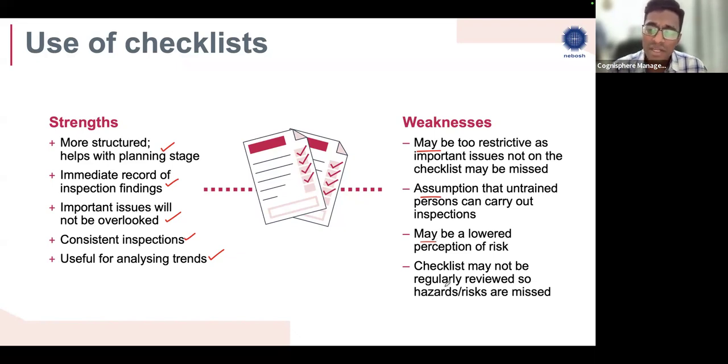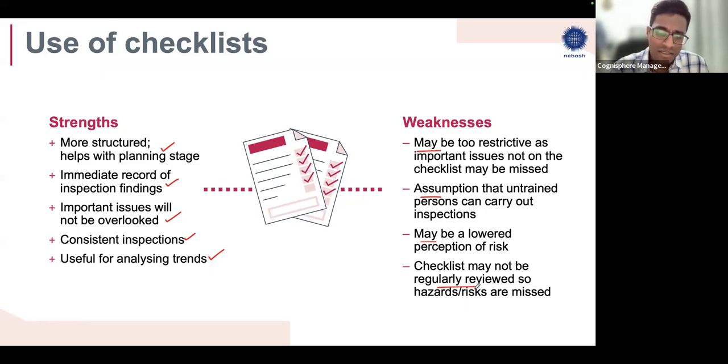And the checklist may not be regularly reviewed, so it has its risk of misses. If any new activities are carried out, or if there are any changes in the layout of the warehouse, any changes in the use of substances, accordingly the checklist must be updated. If they are not updated, then it could lead to another weakness of the checklist.